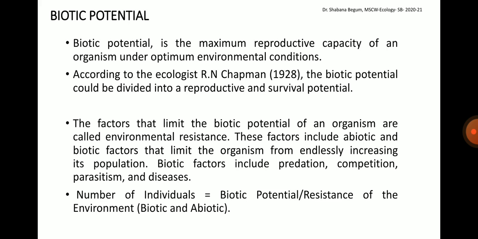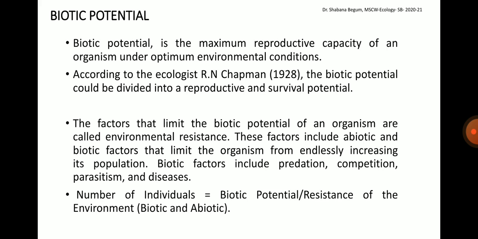For example, if each female rice weevil produces 100 eggs and if there are 20 females, the biotic potential is equal to Rn, which is equal to 100 into 20, which is equal to 2000.